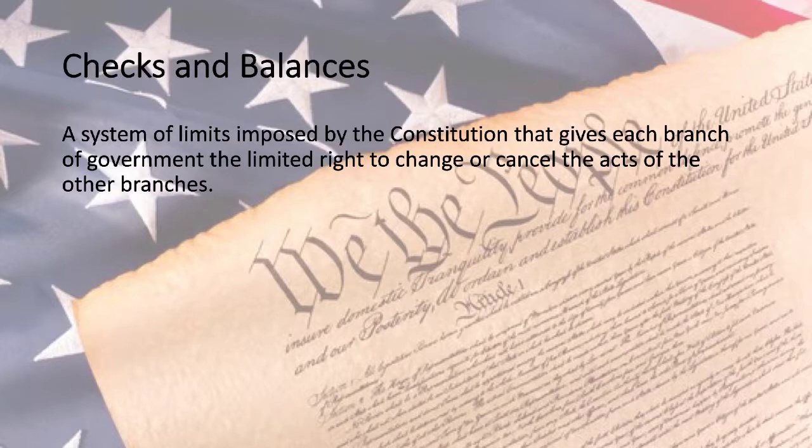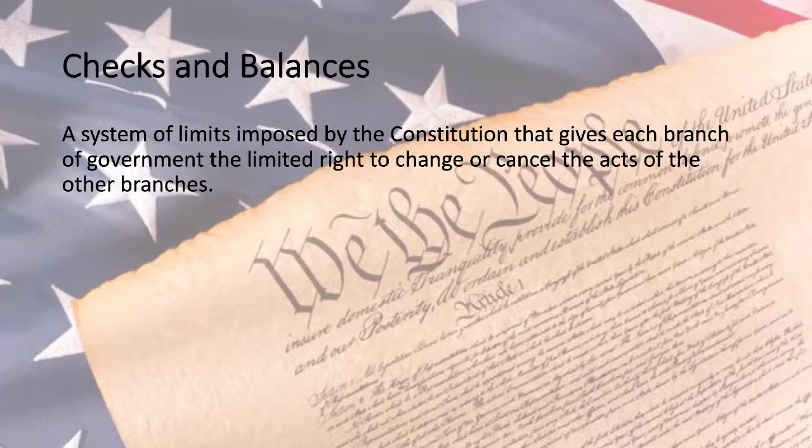Now, the next principle is closely related to the separation of powers, and it's checks and balances. Now, this is a system of limits imposed by the Constitution that gives each branch of government the limited right to change or cancel the acts of other branches. Checks and balances are connected to the separation of powers. The Founding Fathers wanted to make sure that these three branches of government, the legislative, executive, and the judicial branches, would be able to limit each other's powers.